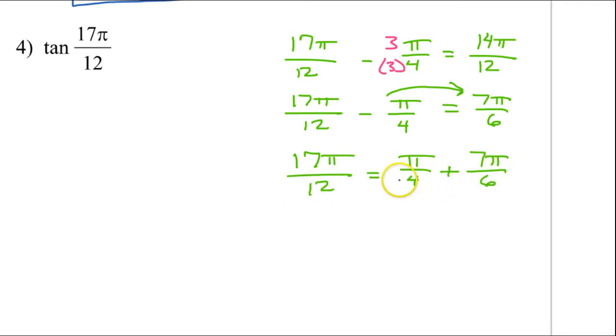So this is the fact that I'm going to use to split this apart. Okay, so I should be able to rewrite this as tangent of pi over 4 plus 7 pi over 6.